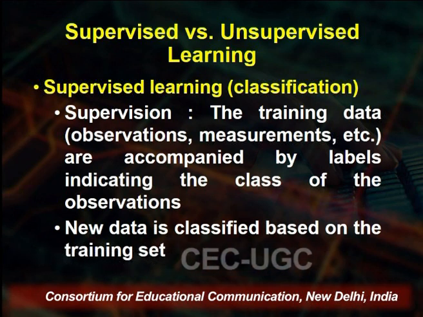So every class of the observation will be identified by a data label that we are giving. The training data, it could be observations, it could be measurements, is always accompanied by a label which will tell us the class of that observation. And whatever new data is going to come will be classified based on the training set that has been provided. So basically classification comes under supervised learning.